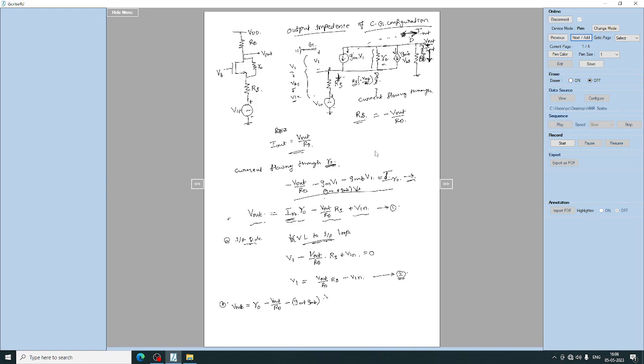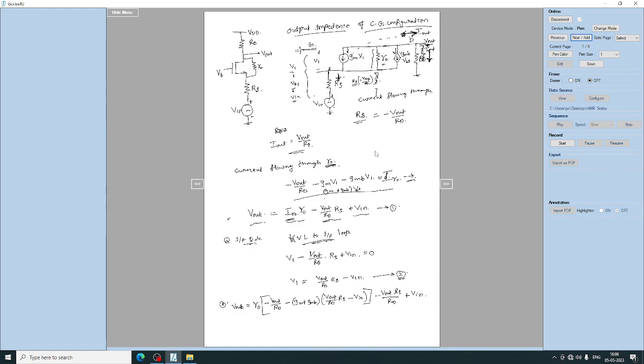V1 is V out by RD into RS minus V in. So this whole thing is my IR naught. The second term as it is, minus V out into RS by RD plus V in.